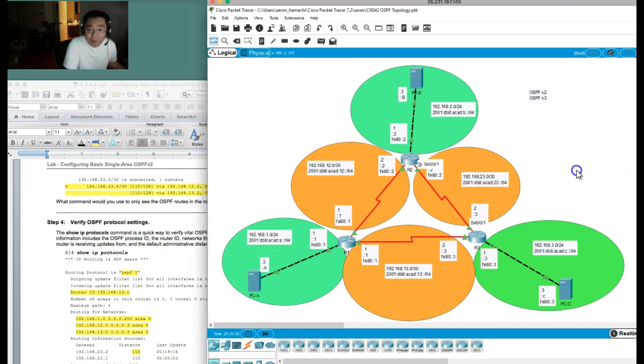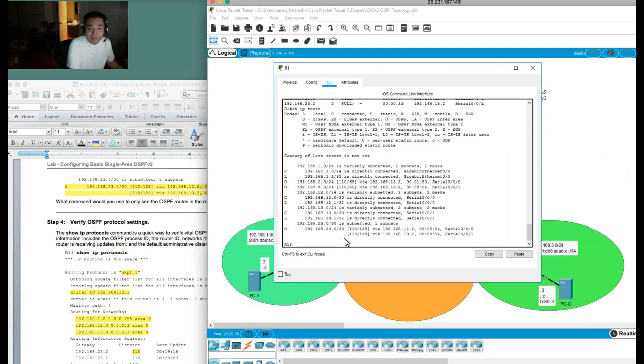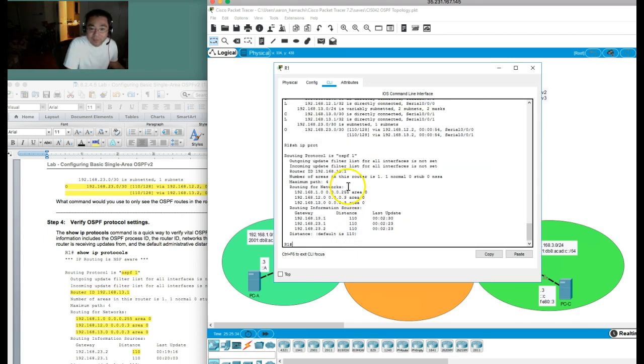And show IP protocols. This shows the router ID here. This shows number of areas. It's just area 0. And shows we are routing for these networks. And then routing information sources.